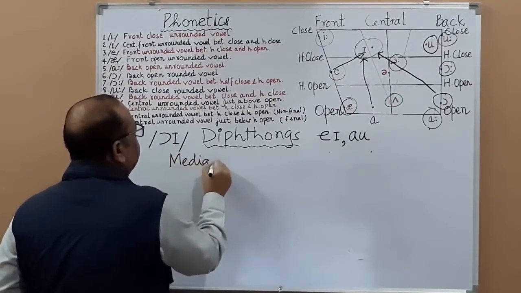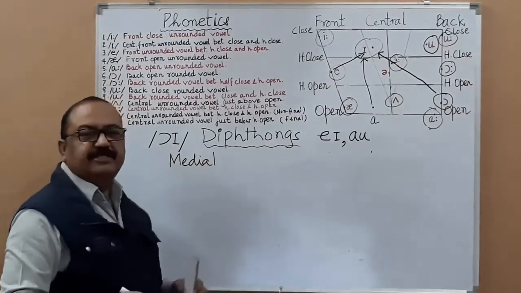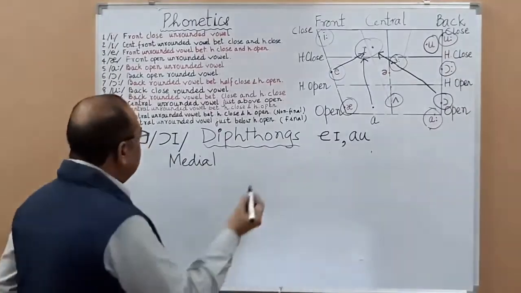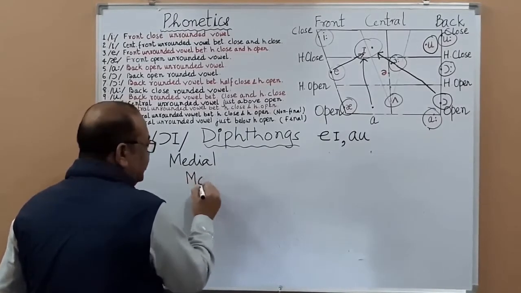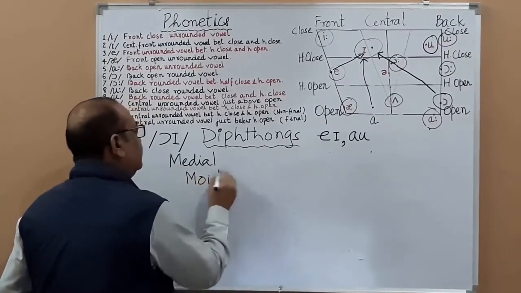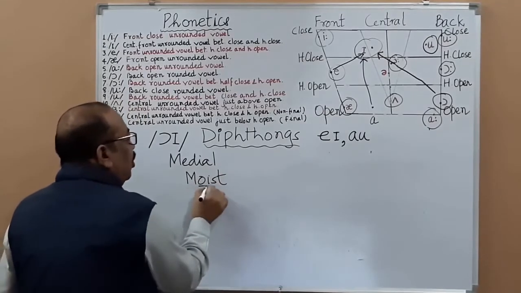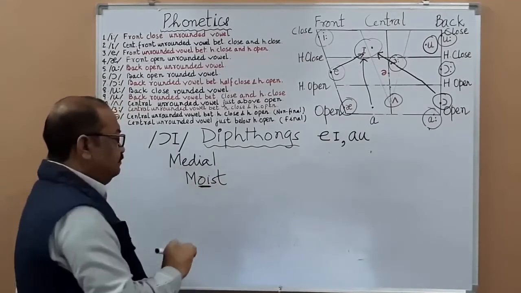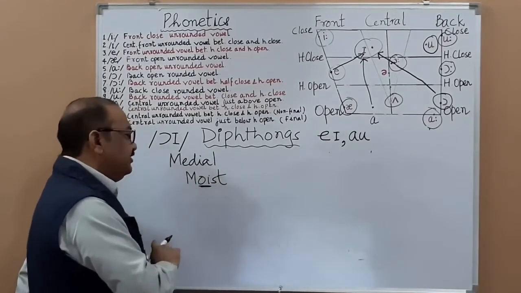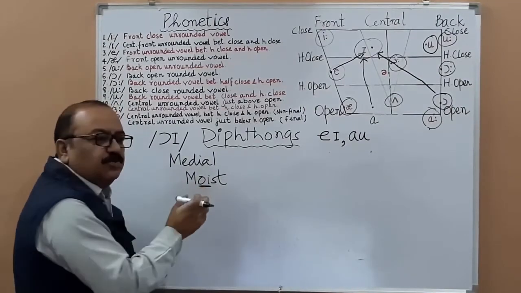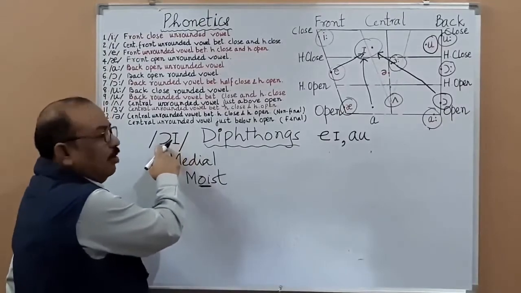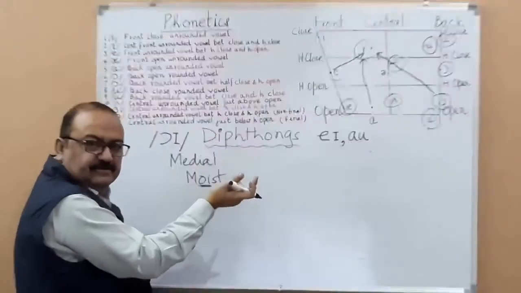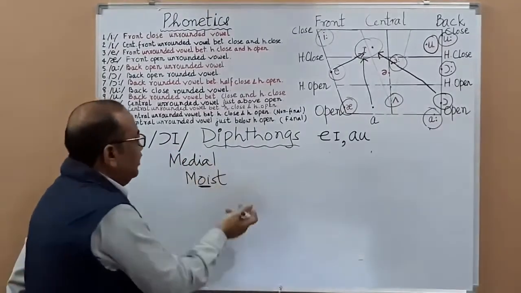Medially, it occurs in words like, there are so many words, for example, moist. Because you have OE sound here also. So in all those words where OE sound occurs in the middle, you have this diphthong medially.